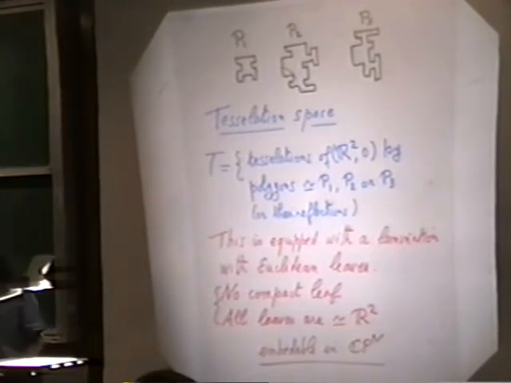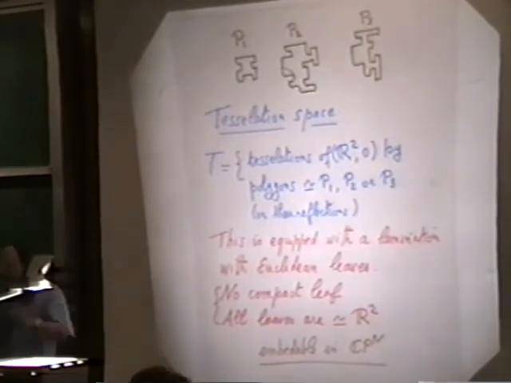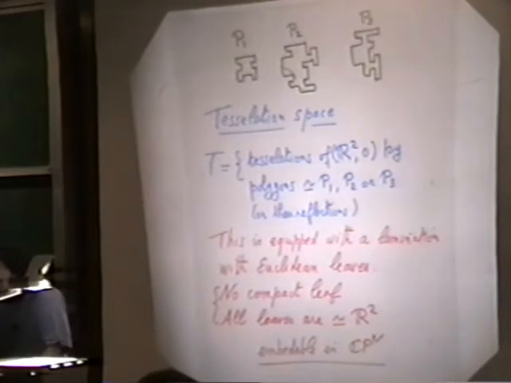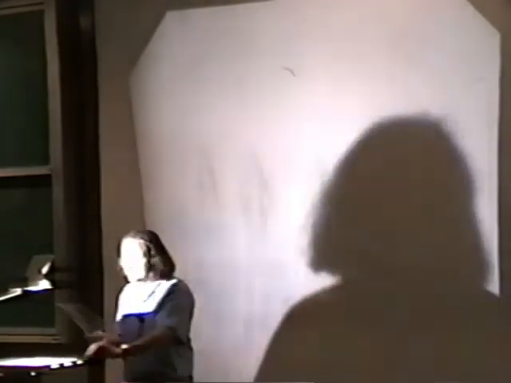I think we had some solenoids yesterday, but it's such an important construction. Most of you know it, but I want to describe this. I think this construction of the solenoid is due to Sullivan. Okay, I think so. So let me explain this construction.